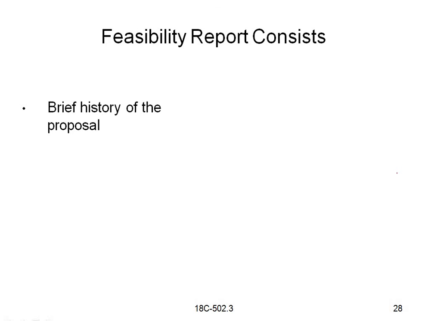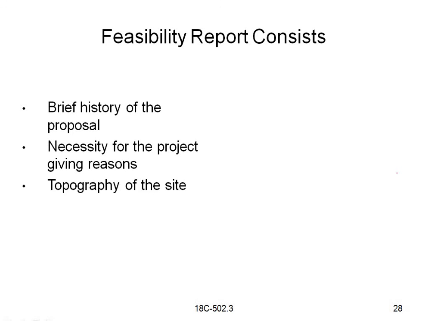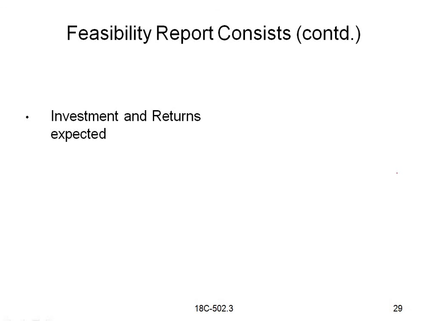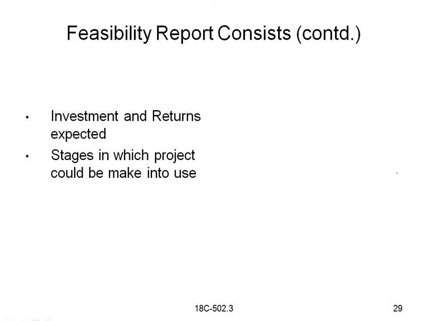Here the feasibility report consists of a brief history of the proposal, necessity for the project giving reasons, topography of the site, and, coming to the project work, condition of existing roads, availability of temporary accommodation for office buildings and storage of materials. And next, investment and returns, stages in which the project could be made into use.